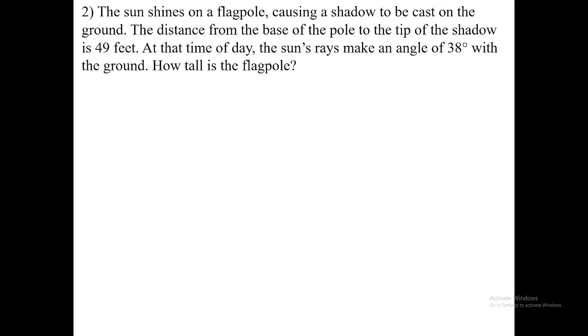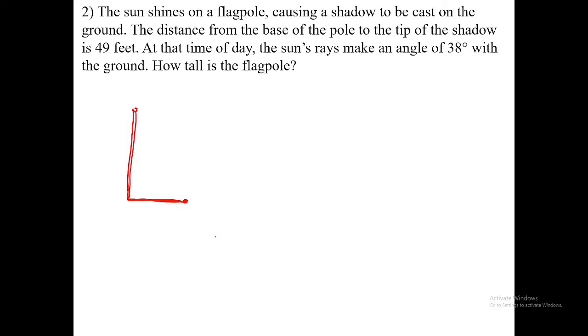The sun shines on a flagpole, causing a shadow to be cast on the ground. So meaning we have a flagpole over here, and the flagpole has a shadow. For example, this is the shadow of the flagpole on the ground. The distance from the base of the pole to the tip of the shadow.